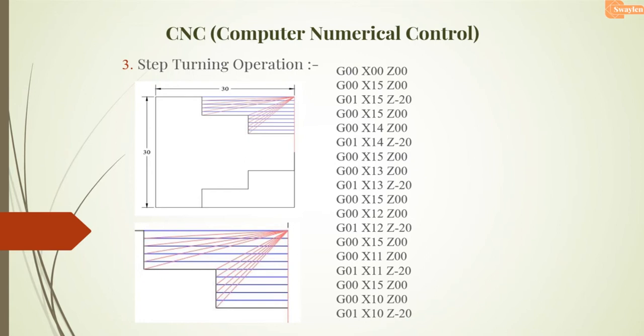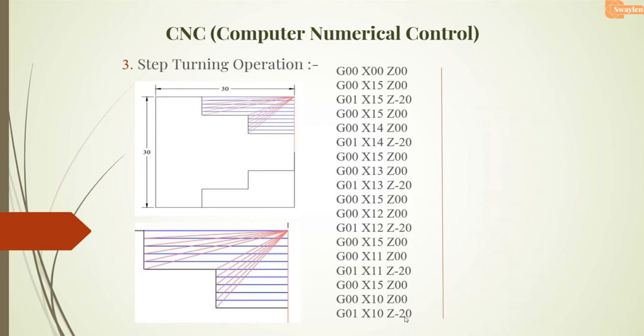Now you will see here the X13, Z minus 20 means the tool is here. So by this value we will cut the depth 20. So you will see each cut here: 13, 12, 11, 10. See, Z is minus 20.